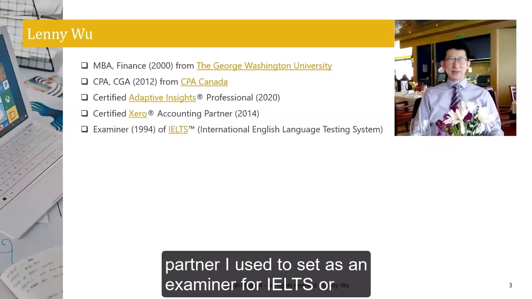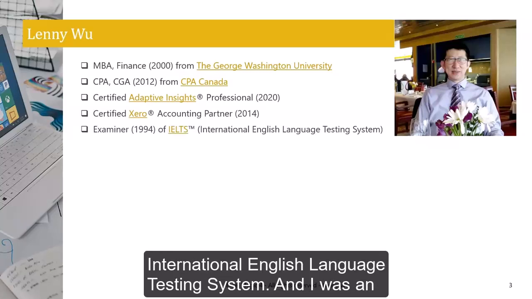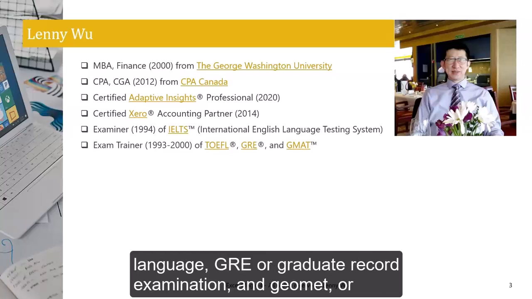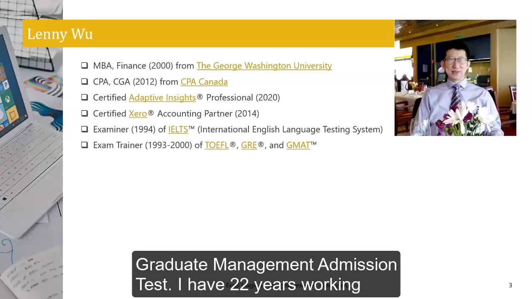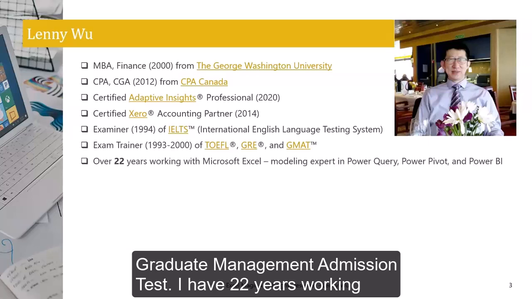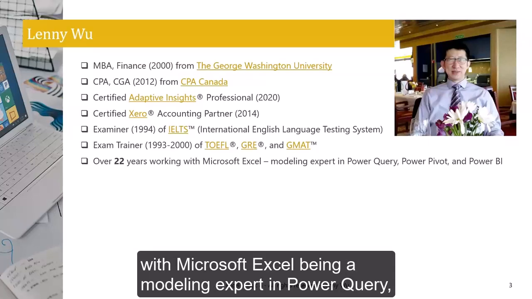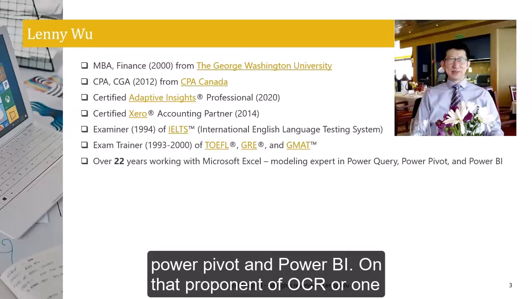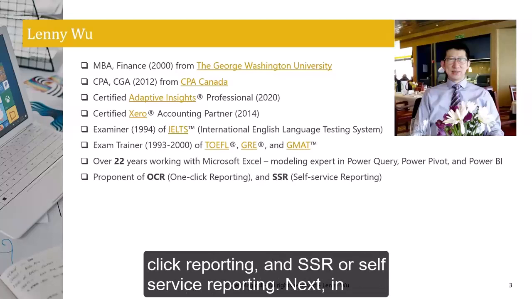I used to sit as an examiner for IELTS, or International English Language Testing System, and I was an exam trainer of TOEFL, or Test of English as a Foreign Language, GRE, or Graduate Record Examination, and GMAT, or Graduate Management Admission Test. I have 22 years working with Microsoft Excel, being a modeling expert in Power Query, Power Pivot, and Power BI. I'm a proponent of OCR, or one-click reporting, and SSR, or self-service reporting.